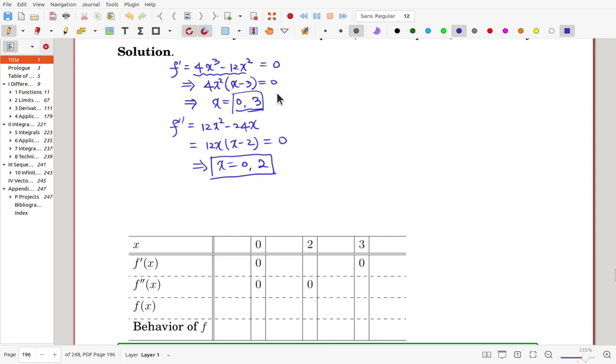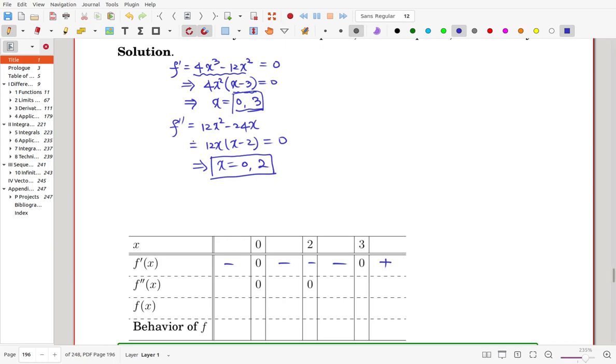This is a cubic polynomial, and for x less than 3 it's negative, so the sign of f prime is negative here, and momentarily it becomes 0 but stays negative, and again at 2 it must be negative, and on the right side the sign of f prime must be positive.